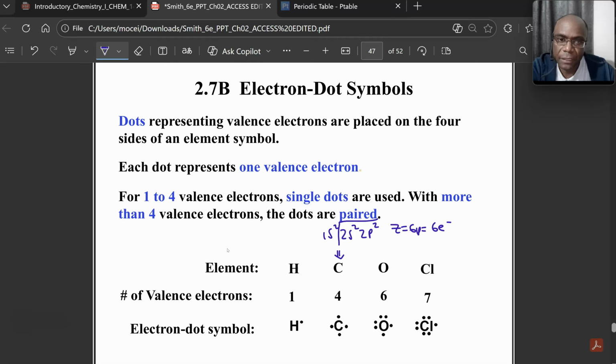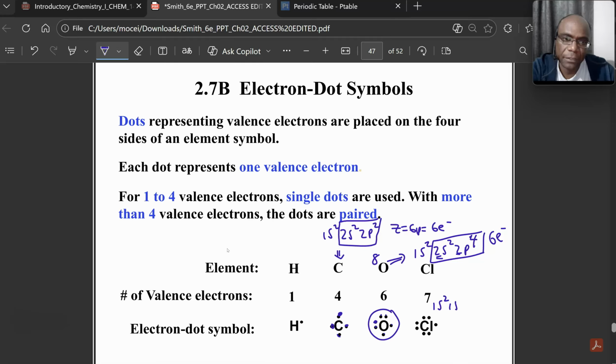The outermost shell, the valence shell, is the second shell with 4 electrons, so we just show 4 dots for that. Oxygen has atomic number 8, 8 electrons, 1s2, 2s2, 2p4. Again, the outermost shell is the second shell with a total of 6 valence electrons. Those are the 6 dots you see here: 1, 2, 3, 4, 5, 6.